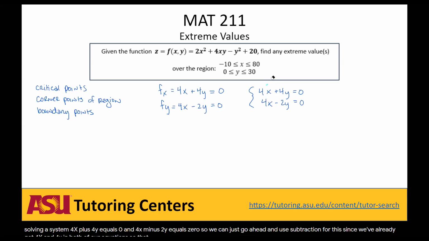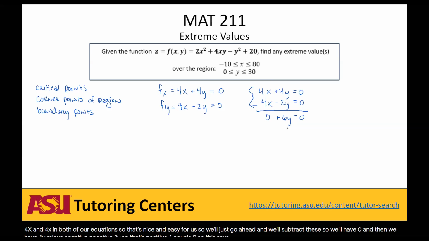So we subtract these. We have 0, and then 4y minus negative 2y, so that's positive 6y equals 0. If we divide out that 6, that gives us y equals 0.